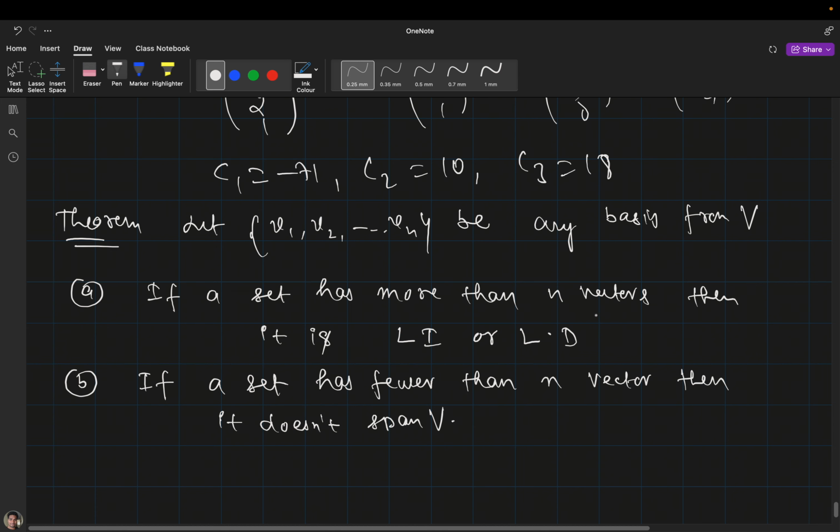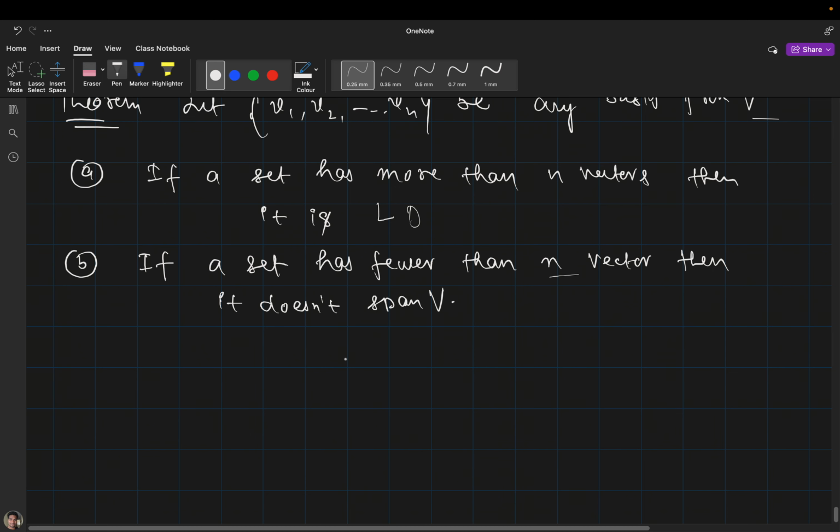First, what it should be? Dependent. Great. It should be dependent if it is more than n. And if it has fewer than n vectors, then definitely it will not span the whole vector space. That is also correct.